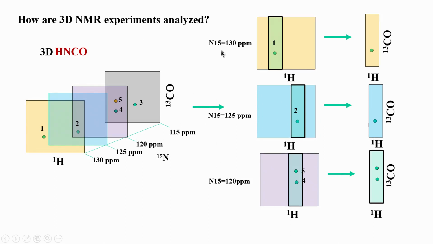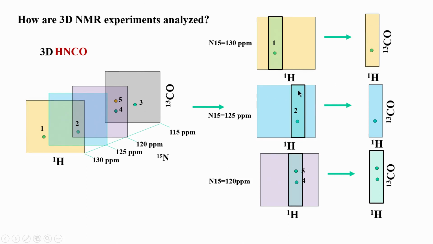So, at any given slice value of nitrogen, let us say the 130 ppm slice, if I take a plane, that is now a proton carbonyl plane, because this axis is now carbonyl CO, and there I will get a peak which I can form into a strip and look at in a strip format.